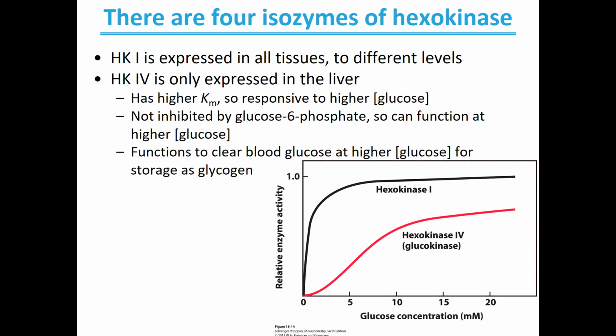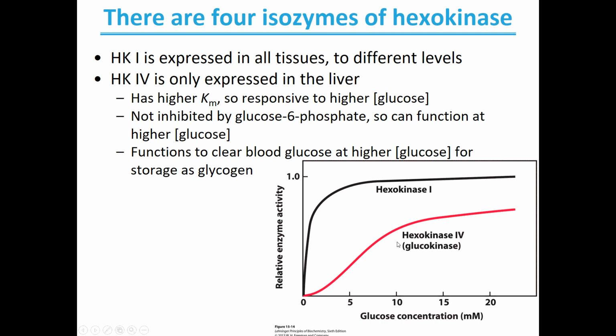One way that we regulate hexokinase in our body is specific to different tissue types. In different tissues, we have different forms of hexokinase. Two that we can compare very easily would be glucokinase, shown here in red, that's found in the liver, versus hexokinase 1, which is found in the muscle, brain, and other areas like that.